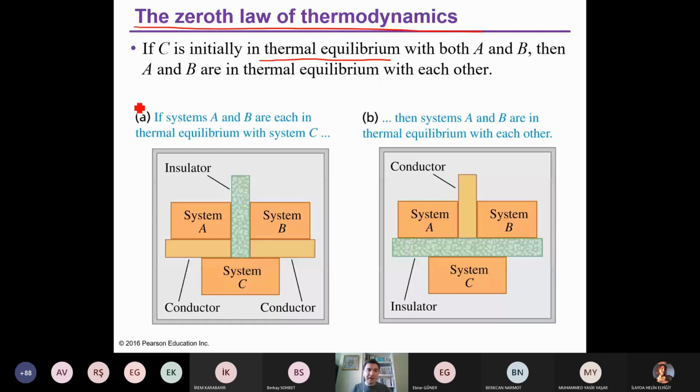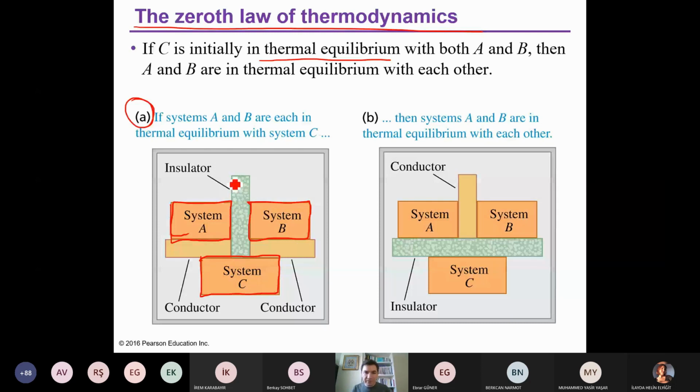Here in picture A, we have a system A or material A. And here on the right side, we have system B or material B. And at the bottom, we have system C or material C. And between system A and B, we have an insulator.